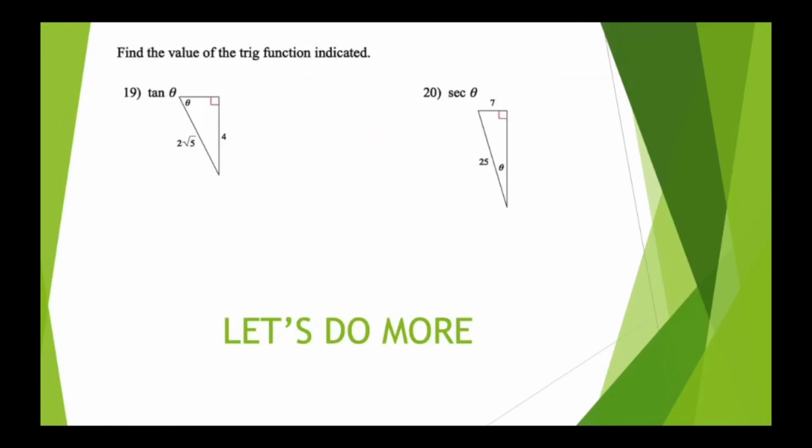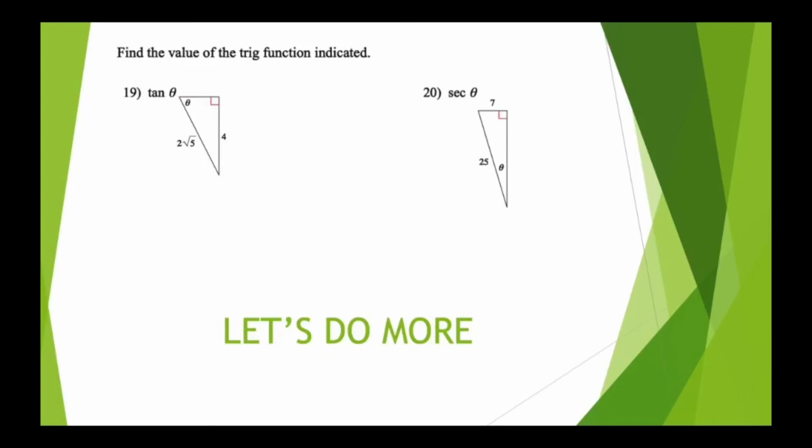Let's do now number 19 and 20. This time, we don't have all the pieces. One of our pieces is missing. We might need that piece. Tangent was the opposite over adjacent, and we're talking about theta here. Theta is this angle here.